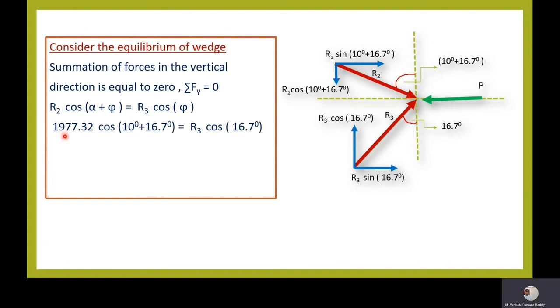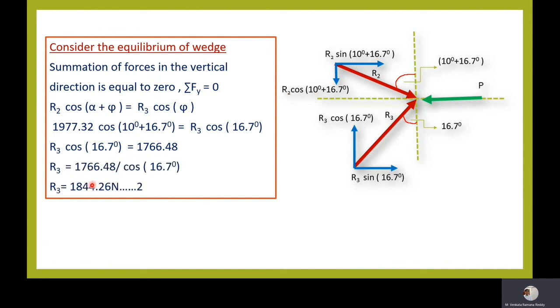After substituting R2 value, R3 cos 16.7 degrees is equal to 1766.48 newtons. Then R3 is equal to 1844.26 newtons. This R3 value as well as R2 value is to be used in the next stage of the solution.